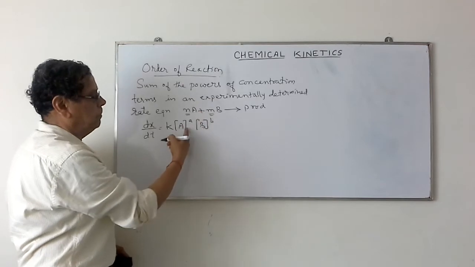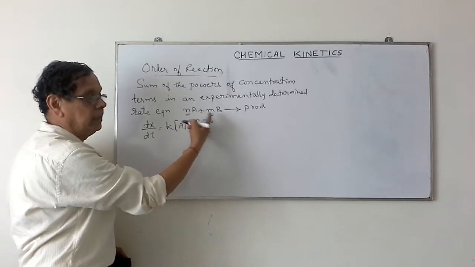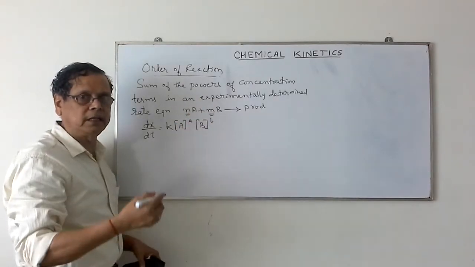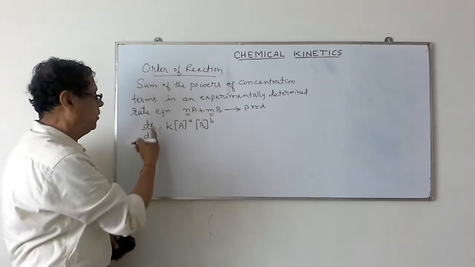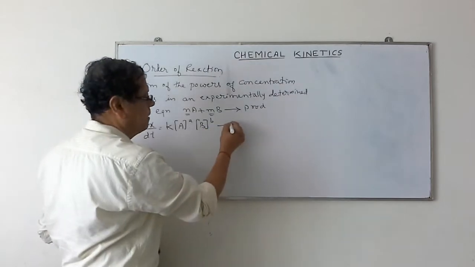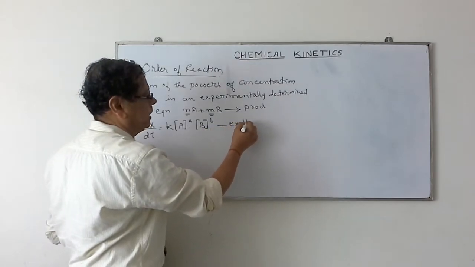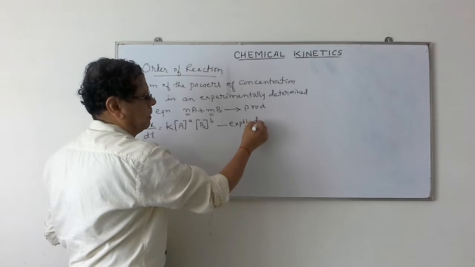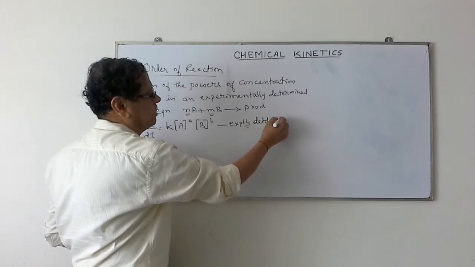If you write A to the power n and B to the power m, it is according to Guldberg and Waage's law, that is the law of mass action. But if you write dx by dt is equal to K, A to the power a into B to the power b, this is the experimentally determined rate equation.